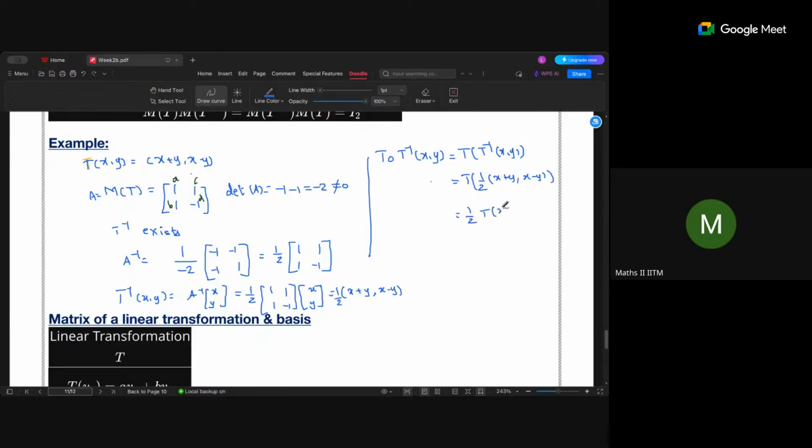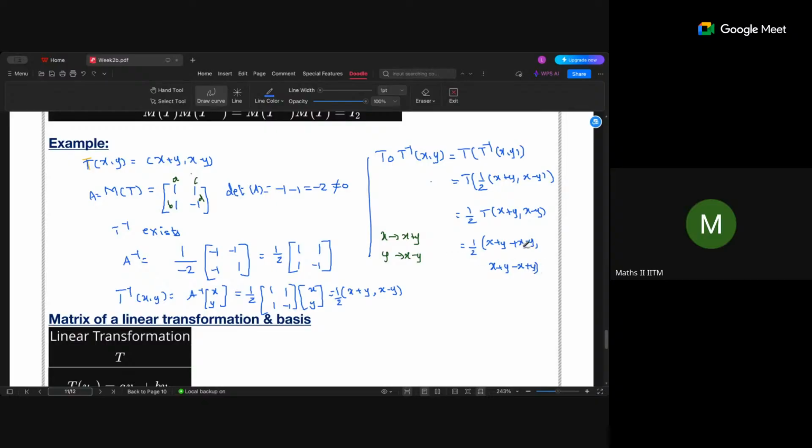Now what is T of x plus y comma x minus y? In place of x, I have x plus y. In place of y, I have x minus y. Now look at this transformation. So you have x plus y plus x minus y, comma, x plus y minus x plus y.